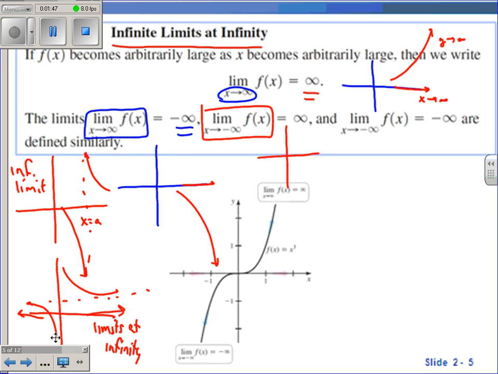So now we're looking at x values this way, and if the function's values are getting larger and larger, so maybe it's going like that, then we would say that that limit was positive infinity as x went to minus infinity. Or if the function's graph is x is going to minus infinity, so coming out this way, if the y values are approaching negative infinity, so the graph would look something like this.